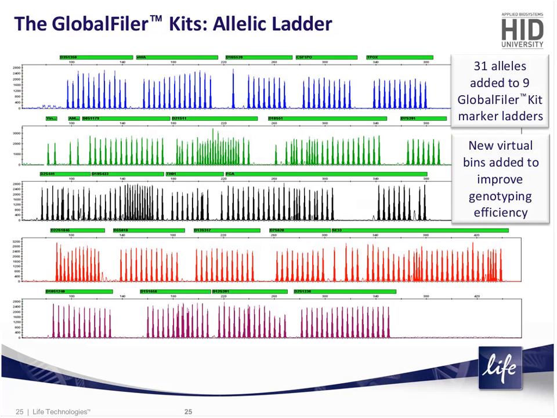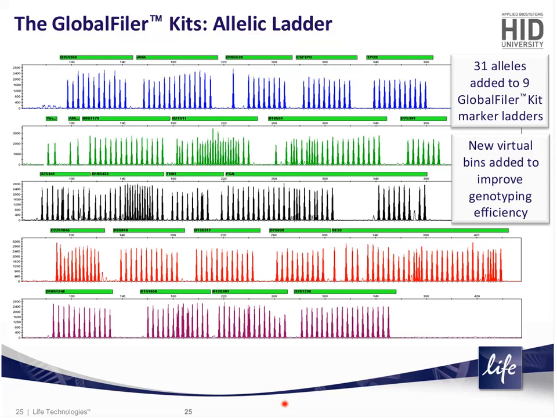We've actually added 31 alleles to 9 of the GlobalFiler kit marker ladders to give the ladder that you see on your screen now. This is by far the most complex allelic ladder that we've ever designed. It has the widest marker ranges of any of the systems that we have. And in addition to that, we've also added new virtual bins to the GeneMapper IDX and GeneMapper ID analysis files to be able to ensure genotyping efficiency.